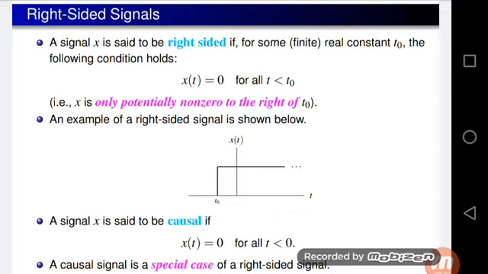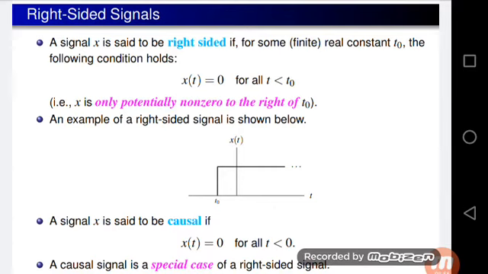If the signal propagates through the negative side, that is called a left-sided signal.